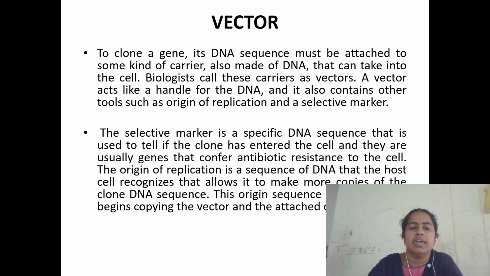Then vector. A vector is a DNA fragment that is used to clone a gene. Its DNA sequence must be attached to some kind of carrier. That kind of carrier is called a vector. It is also made of DNA. A vector acts like a handle for the DNA, and it also contains other tools such as an origin of replication and a selective marker.